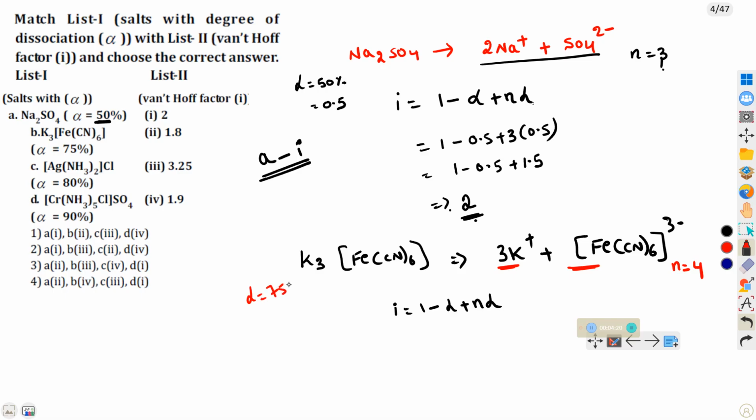Alpha value is given as 75%, that is 0.75. 1 minus 0.75 plus 4 into 0.75, that is 1 minus 0.75 plus 3, which is 3.25. And B3, A1, B3, second option correct. Remaining you can calculate.